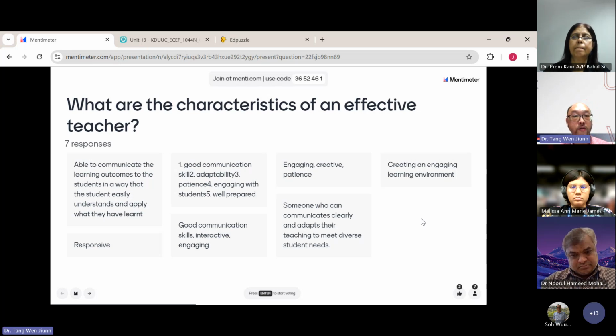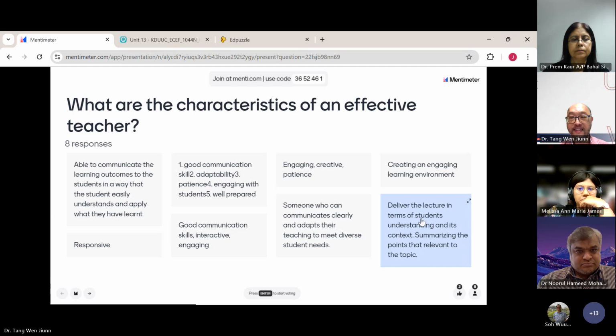So we can see from the responses, communication. A lot of you touched on communication, able to communicate, good communication skills. Then we have creativity, patience, delivering lectures in terms of students' understanding and its context, responsive.